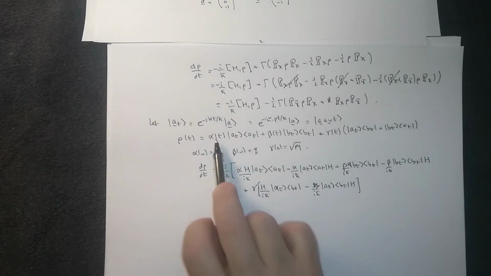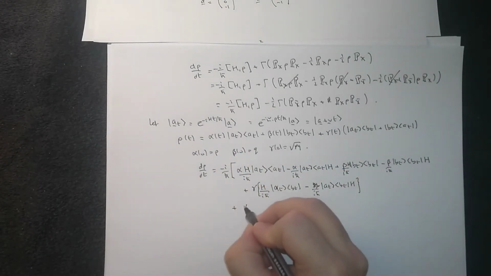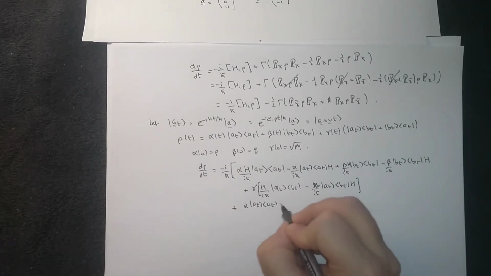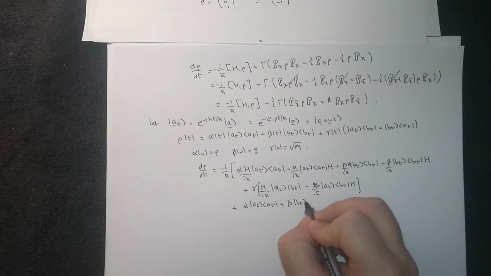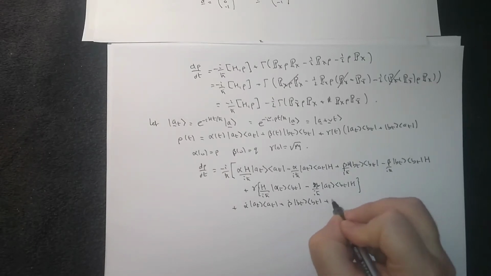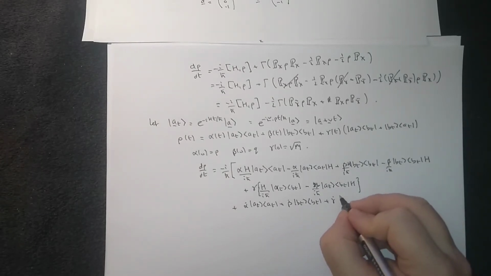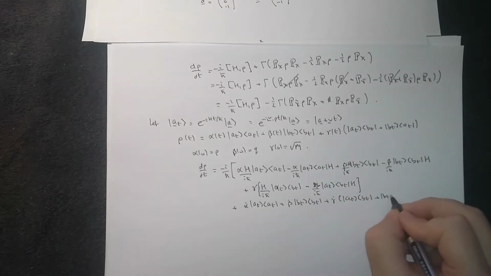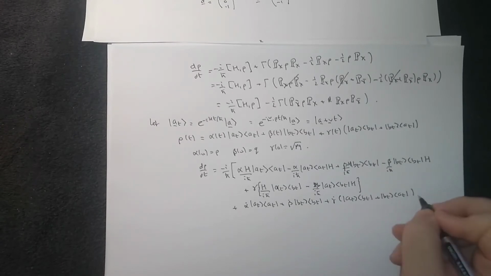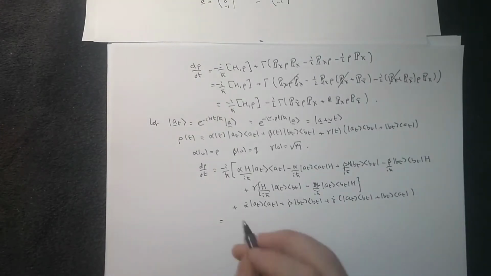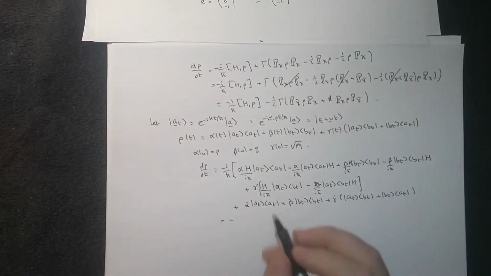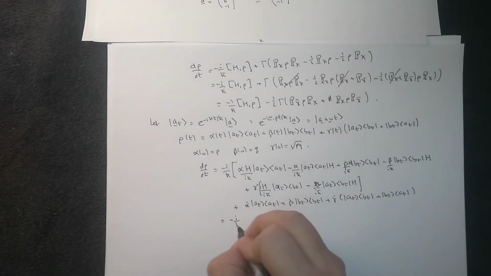And I also need to differentiate these things as well. Alpha dot A_t plus beta dot B_t plus gamma dot A_t B_t plus B_t A_t.